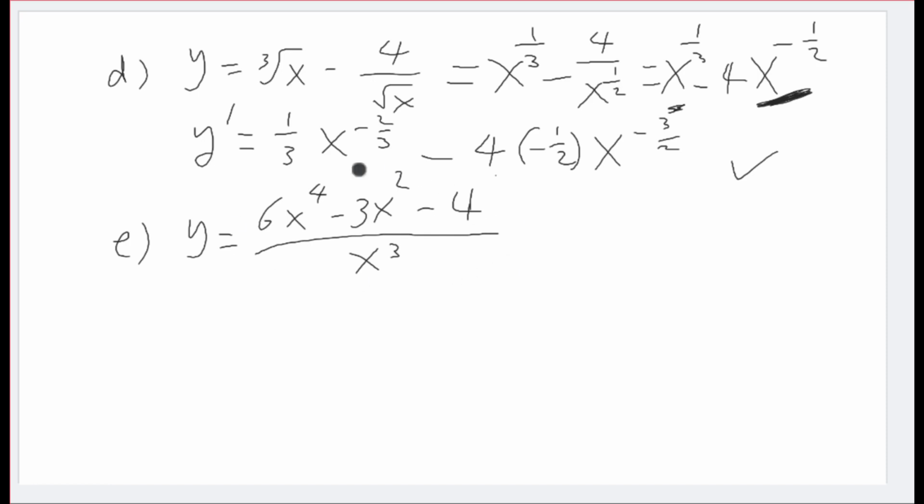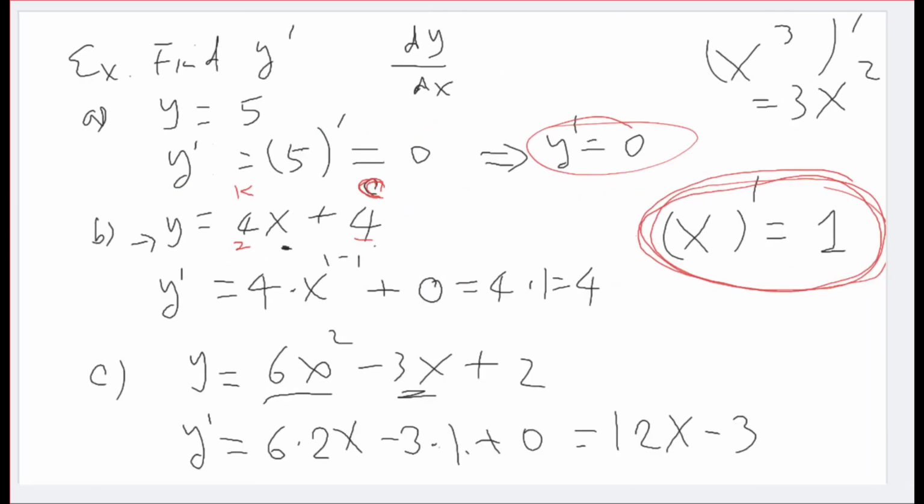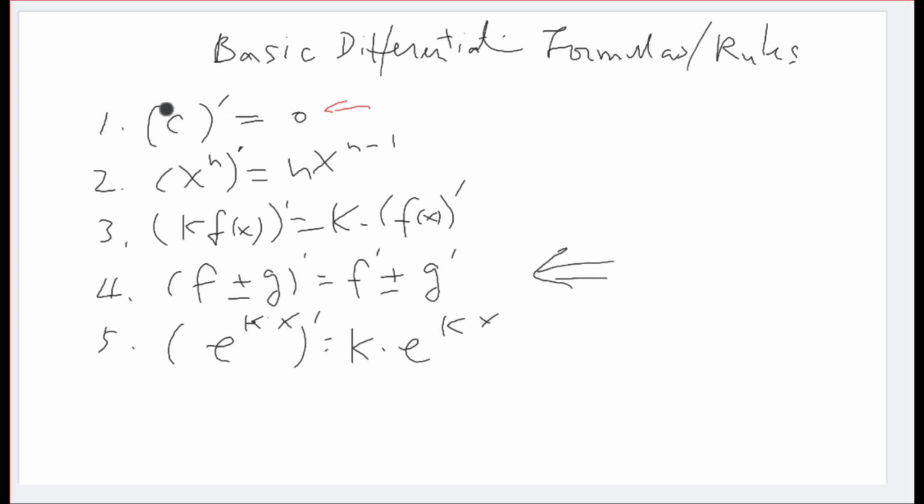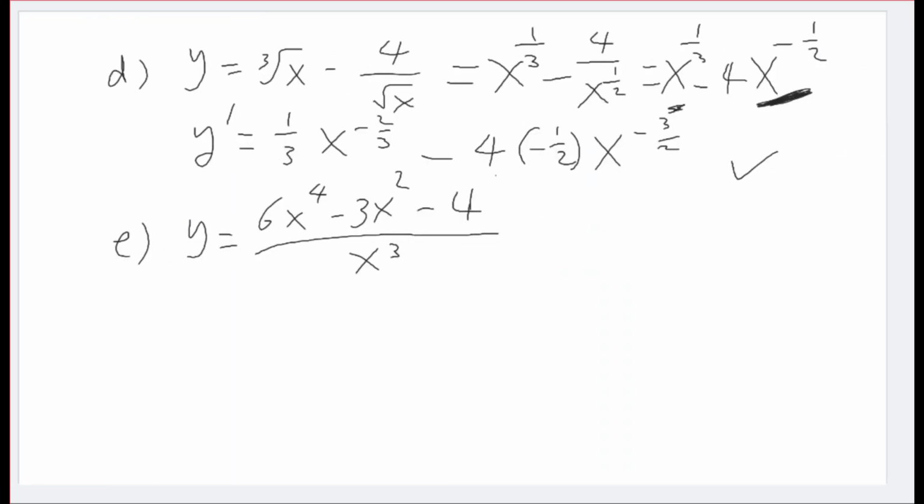Okay, all right, so next we're going to see a fraction, y equal to this rather complicated fraction here. And obviously we don't have any formula for that kind of thing. You look at here, this is all that is available. So how are we going to do it? Well, turns out again we need to rewrite first. Eventually we'll be able to apply some of these results to find the derivative. All right, for this function, we'll simplify by doing what's called termwise division.